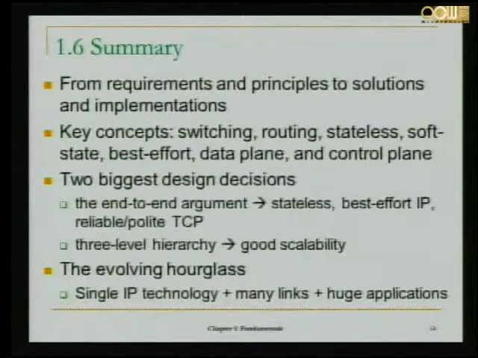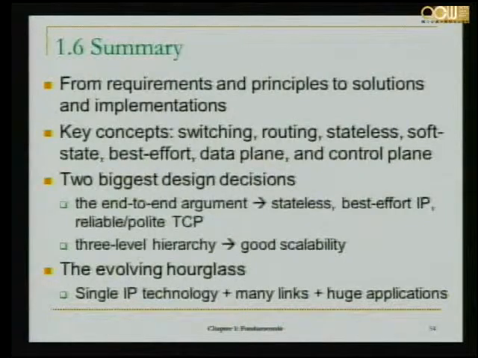And the two biggest design decisions are, first, the end-to-end argument. It says that you don't want to put it in the middle layer unless it can be totally resolved there. So that philosophy or that argument will push the complexity to the end-to-end and keep the lower layer simple.